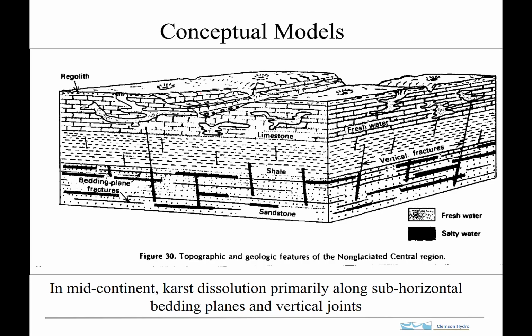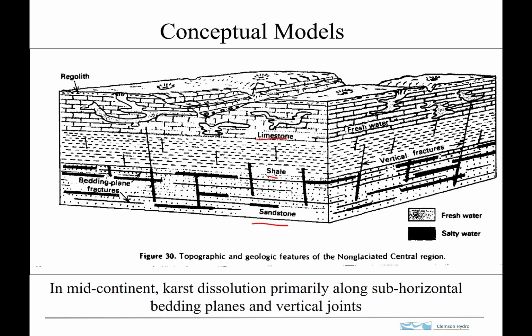Okay, so for conceptual models, this is the conceptual model from Ralph Heath, and it shows that limestone is flat lying, and we see the sandstone, shale, limestone. That sequence of material is what we see from a typical transgression sequence.